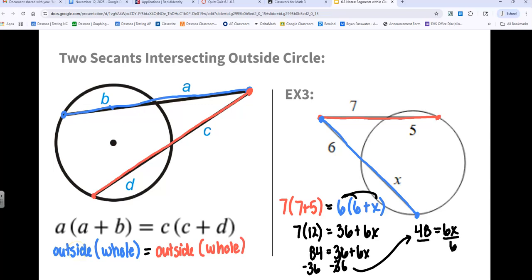And divide by 6 there, and x is going to equal 8. Keep in mind you could have typed that into Desmos if you wanted, and just found where they cross. That'll work also.